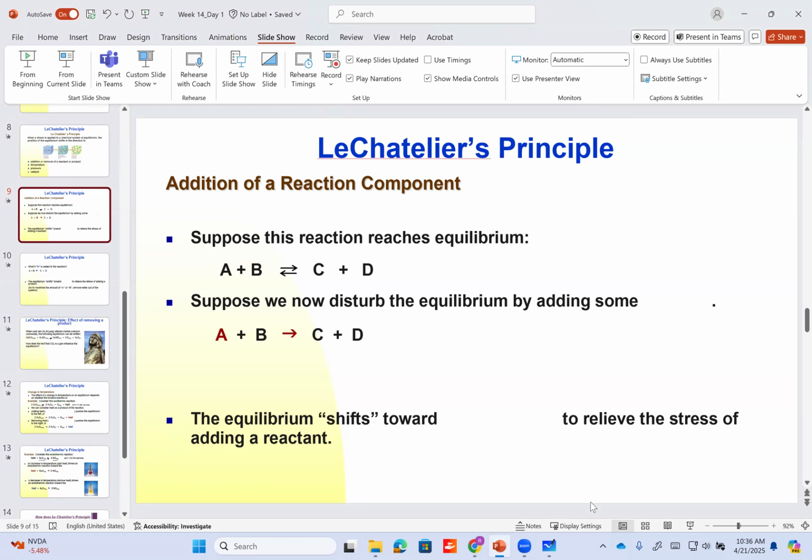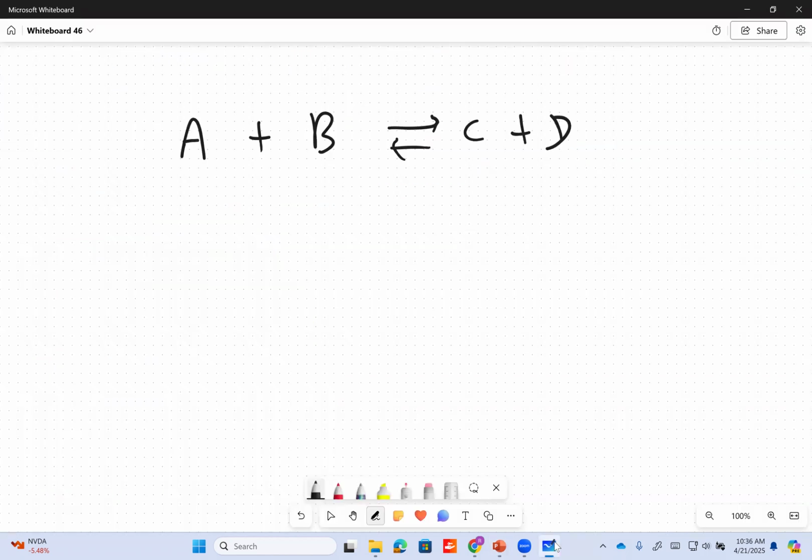That's why this is in red. So let me do that as well. Now we're going to add more of A.